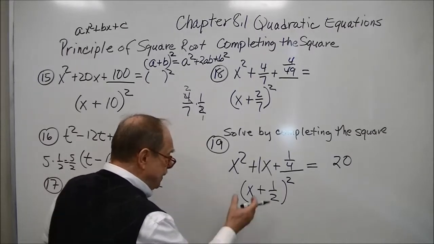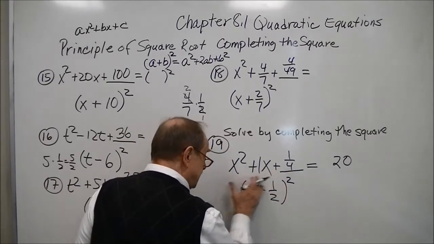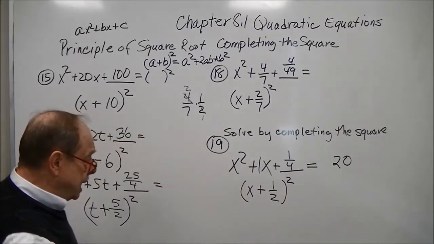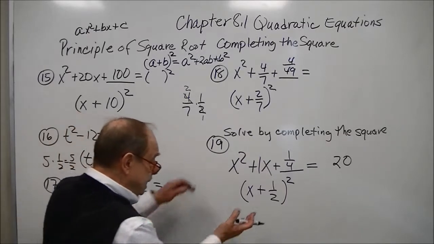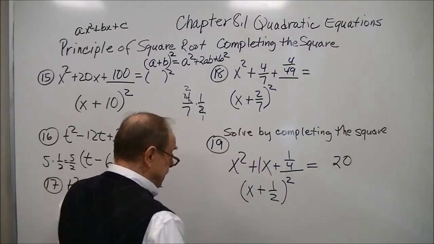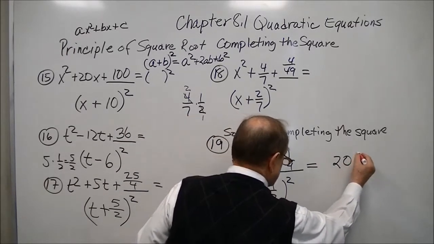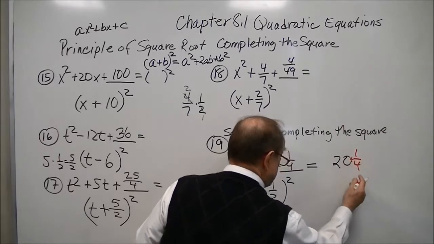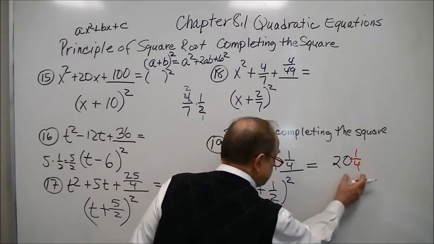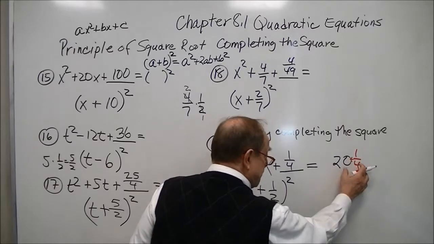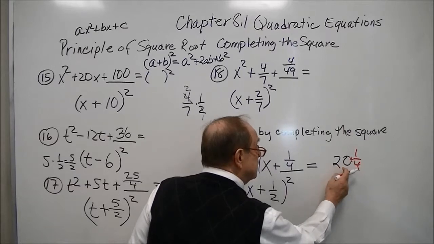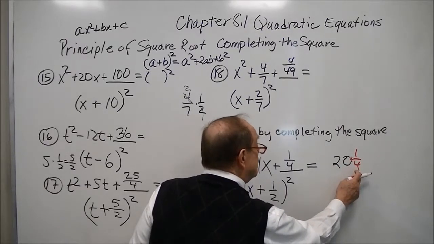Now, what we've done is we've added something to this side of the equation. It's no longer an equation, because what would I have to do to keep it as an equation? Because I've added this to this side. Well, the answer is I have to add 1/4 to this side as well. And I want to keep these together, and I'm going to have to deal with fractions later, so I'm going to convert my 20 to something with a denominator of 4.